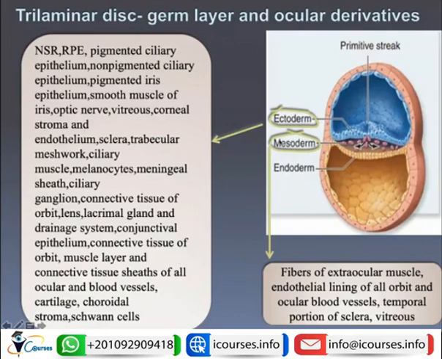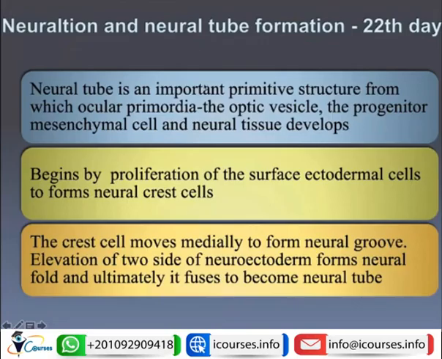Apart from the ectoderm and the mesoderm, we have another important structure that is called the neural tube. The neural tube starts its formation at around day 20, and it is an important structure in the development of the central nervous system.